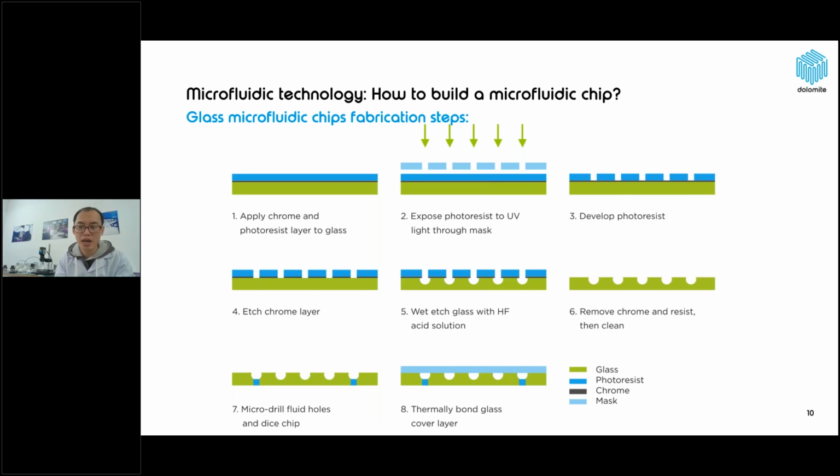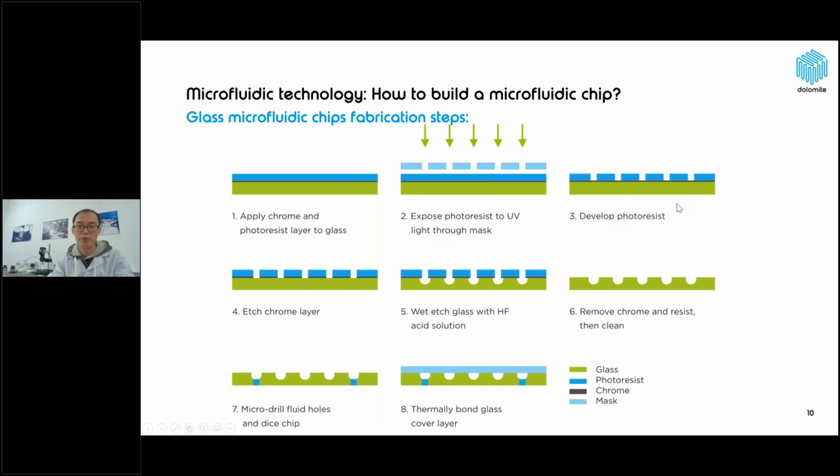The following diagram shows the basic process for fabrication of a glass microfluidic chip. Fabrication can be done with many materials, but here we focus on glass microfluidic chips because, as we mentioned, they have many advantages compared to other materials. From the diagram, we can see the steps. First, we apply the chrome and photoresist layer to the glass. Second, we expose the photoresist to UV light through the mask.